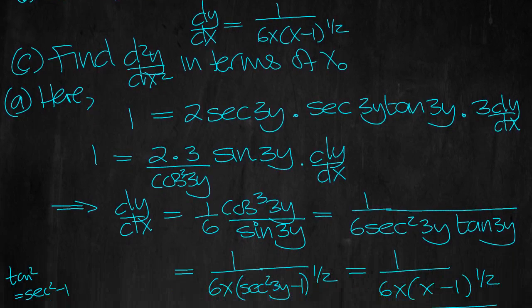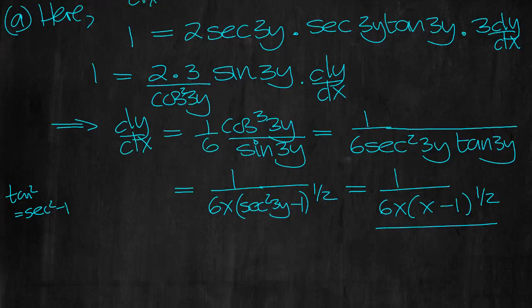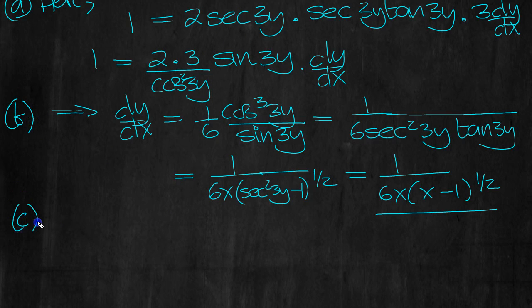dy/dx equals that. Find d2y/dx squared in terms of x. So part C. So that was part B. Now part C. So d2y/dx squared is equal to, differentiate this then.